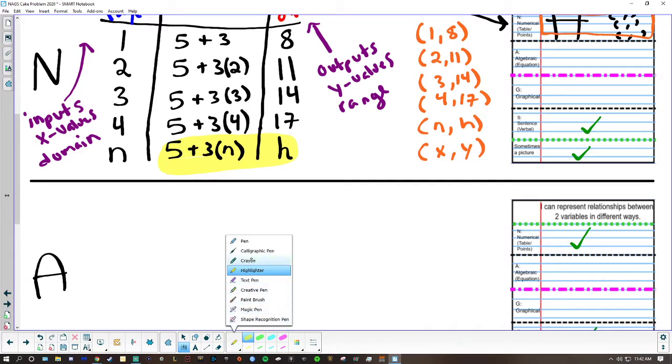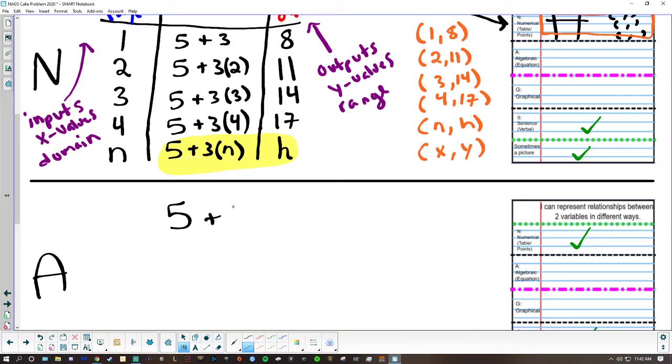So to represent this as an algebraic rule or an equation, I know that I take 5 plus 3 times n equals h. In other words, I take my 5-inch base plus 3 inches times however many additional layers I have, and this is going to equal the height of the cake.